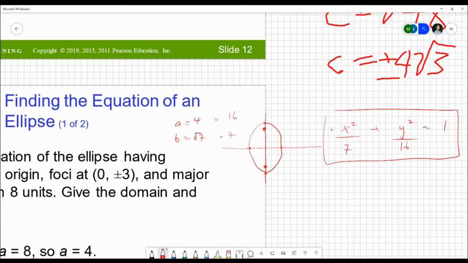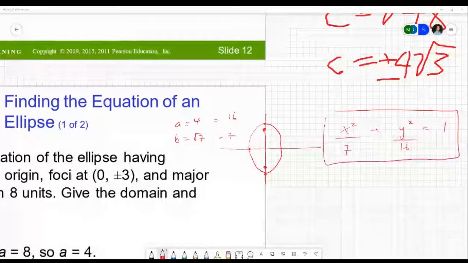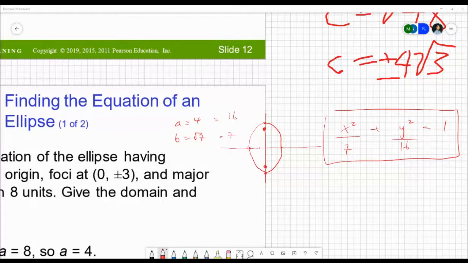So when you want us to find the equation, you don't want the denominators to be in terms of the square? So you don't want it to be root 7 squared and then 4 squared? No. The equation there, you should write it like this. I only asked you to rewrite it as 4 squared or square root 7 squared to help you determine A, B, and C. A lot of the mistakes come from people saying, oh, this is the number under here, so A is 7 and B is 16.